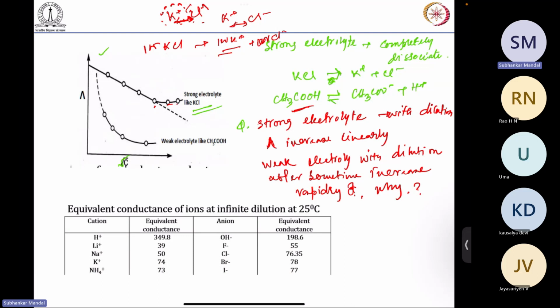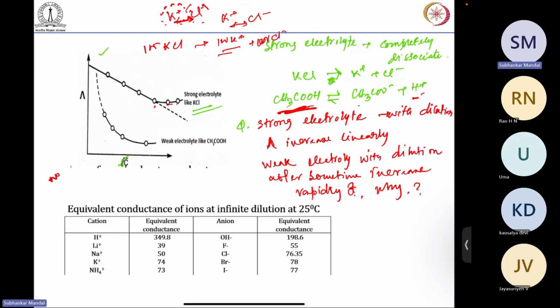But in the case of a weak electrolyte, what is happening? What you told is correct for a weak electrolyte. Initially there are CH3COO minus and H plus, and when you increase the dilution, the undissociated acetic acid will dissociate. As a result, the number of ions is increasing.